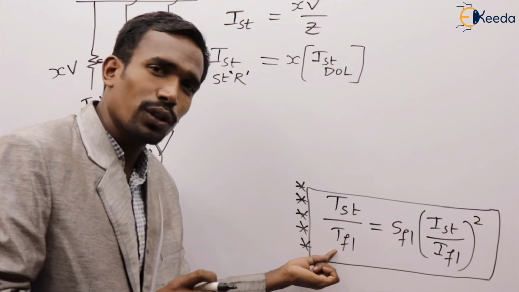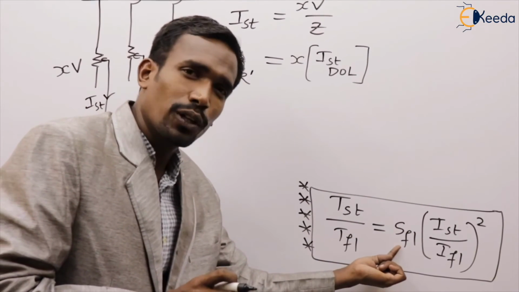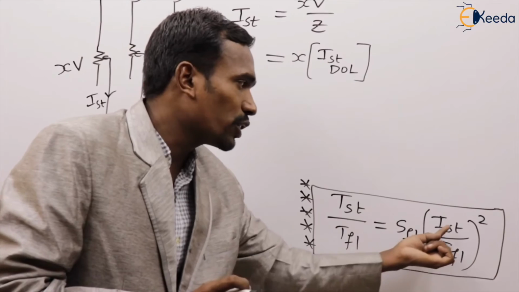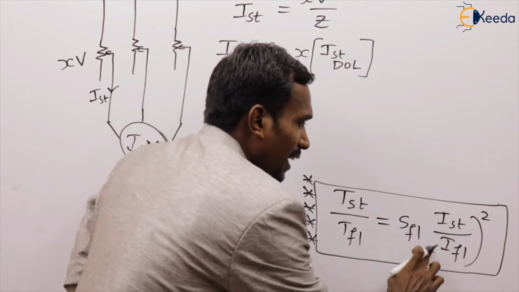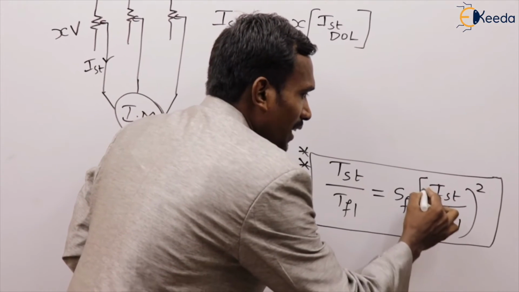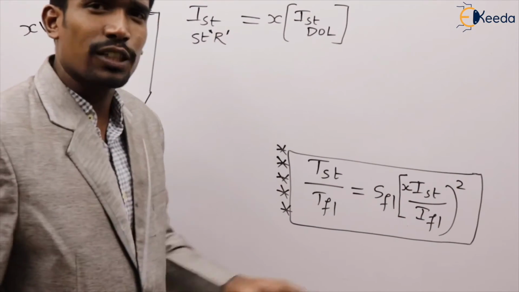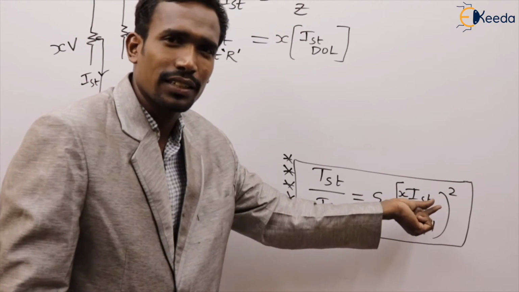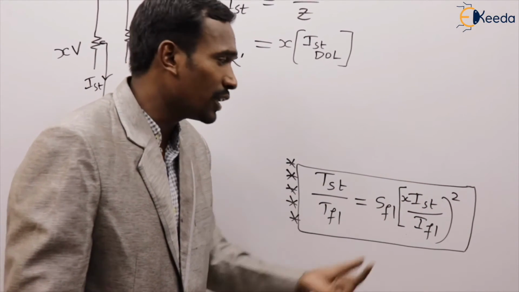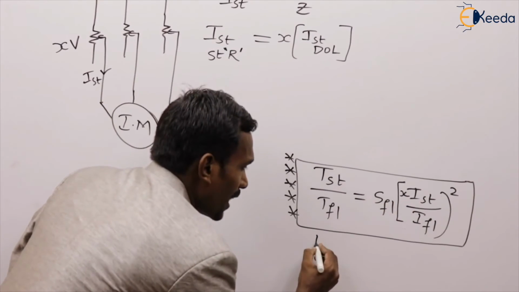Starting torque to the full load torque is equal to slip at full load into starting current by full load current whole square. What is the starting current in this method? The starting current is X times of the actual starting current. So what is the final value?